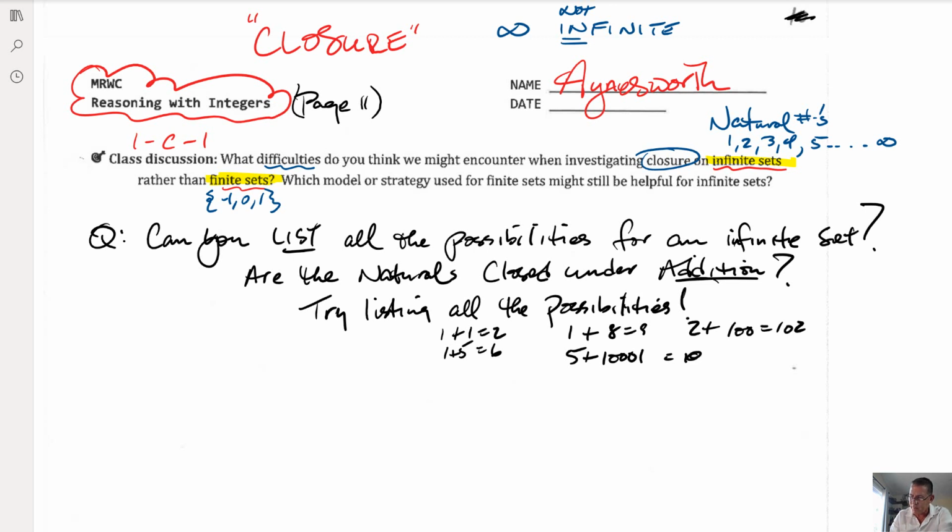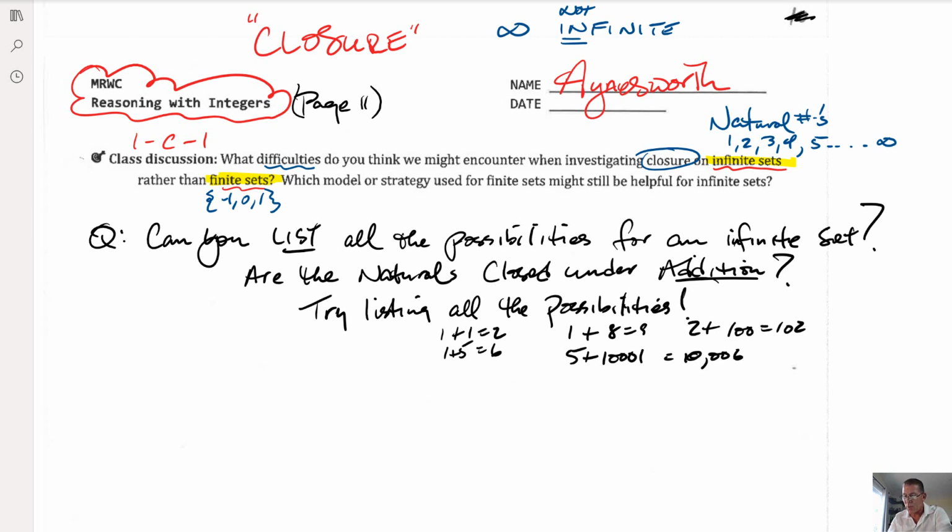I mean, if you add up any two of these natural numbers, is it still natural? That's what the question is. I said, are the naturals closed under addition? To prove that right now without any more advanced techniques, you would have to list all possibilities.